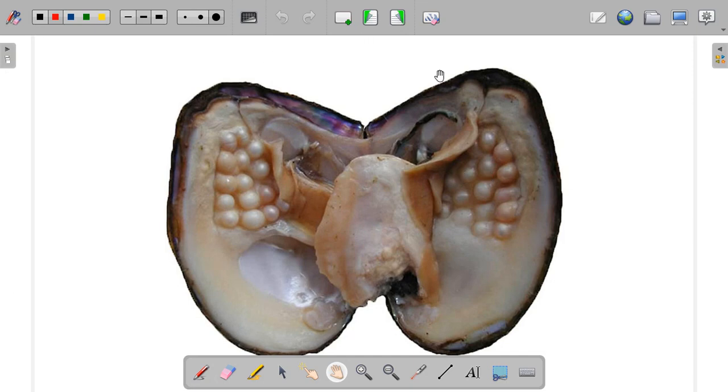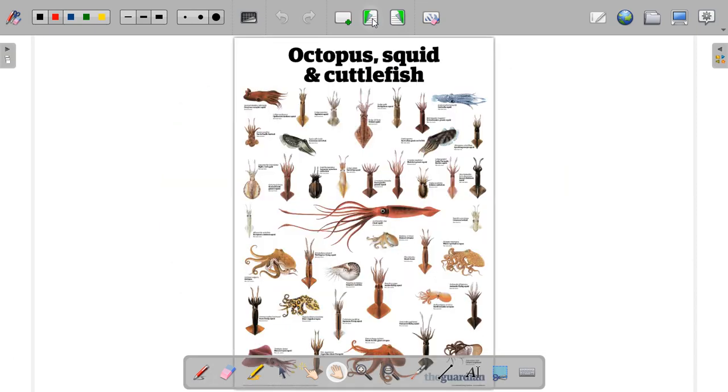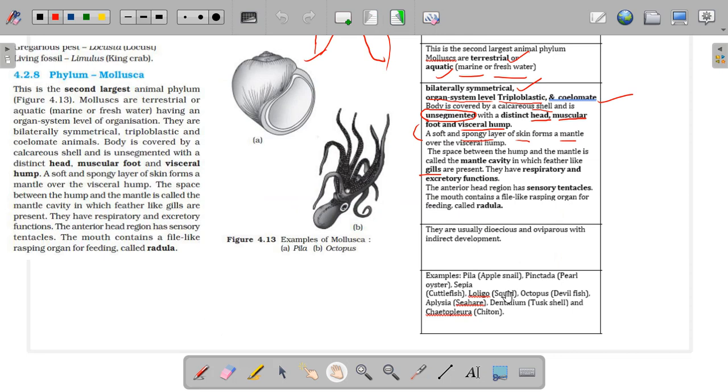Pearls are ornamental. And these organisms include cuttlefish, Sepia, Loligo, squid, octopus, Aplysia, sea hare, tusk shells, and Chiton.